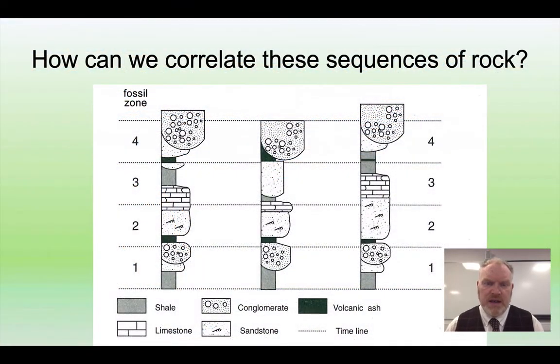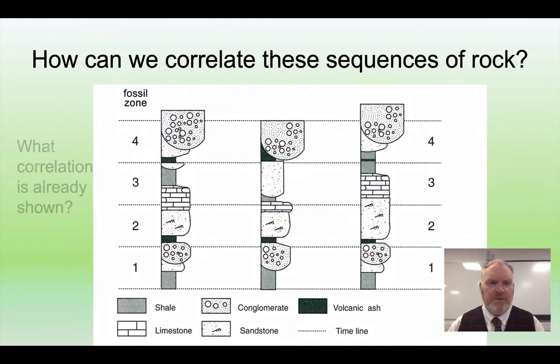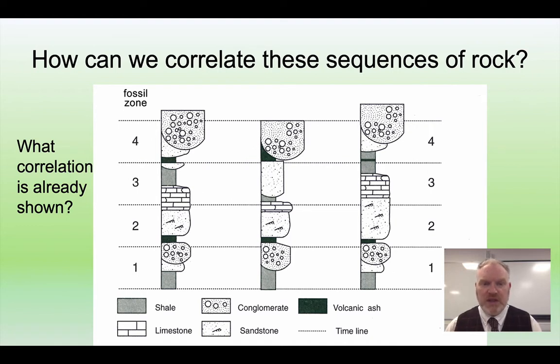So this is the set of sedimentary sequences that we're trying to correlate here. Now, the first question I asked was about the correlation that's already shown. You can see that we have the fossil zones here defined from 1 to 4 that go across these sequences.